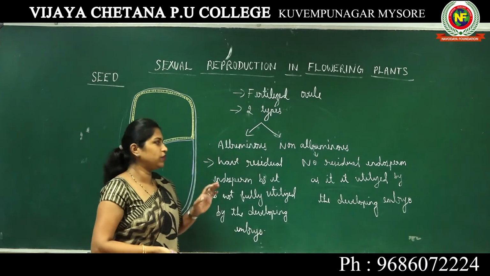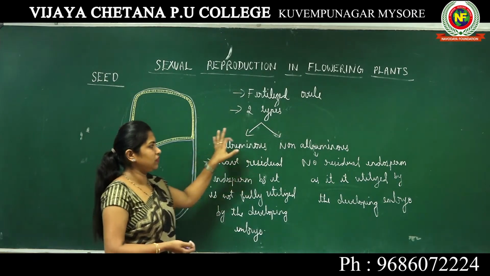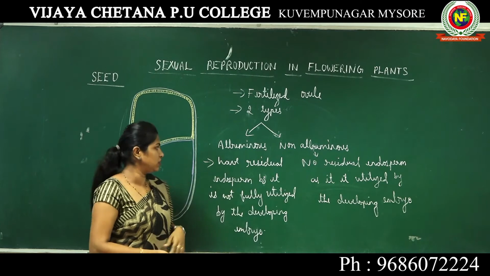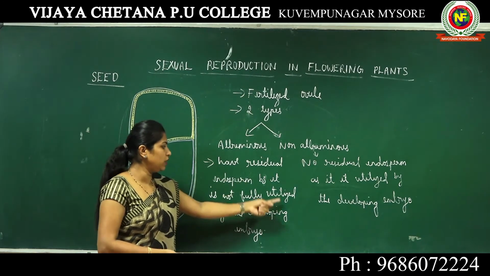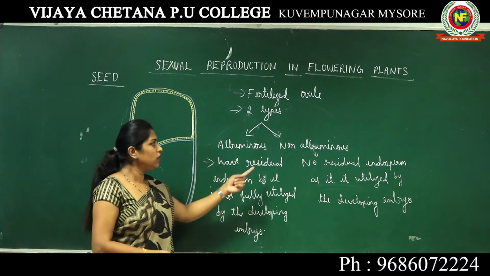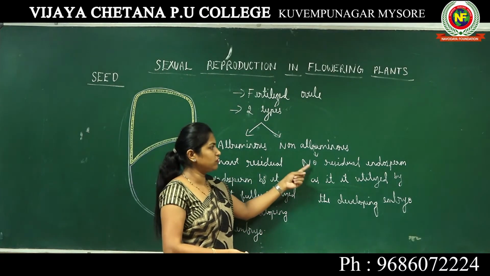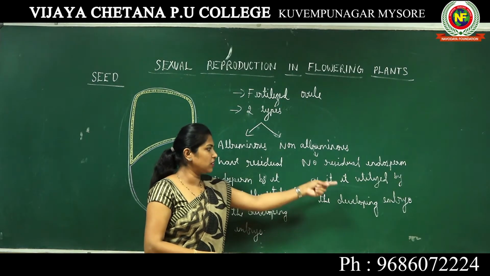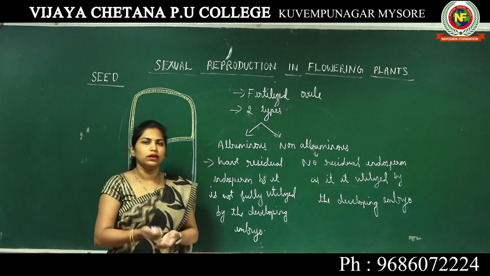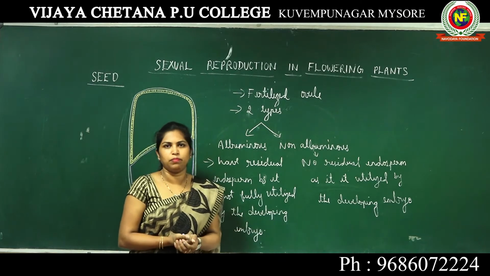Okay, so this is the difference between albuminous seeds and non-albuminous seeds. They have residual endosperm because it is not fully utilized by the developing embryo. Here, there is no residual endosperm inside the matured seed as it is completely utilized when the embryo was developing.